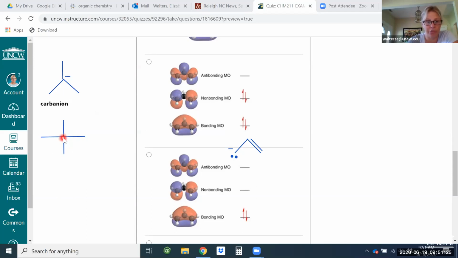That would be neutral. So this is a carbanion with formal charge -1. This is just a regular carbon, formal charge of 0. And then you would have the carbocation, formal charge +1.